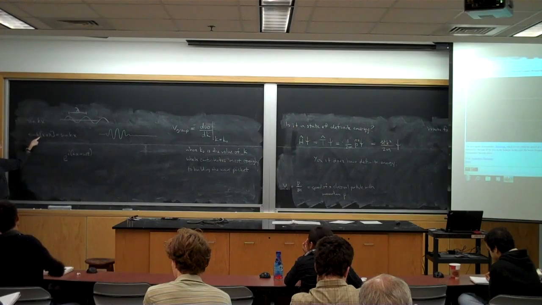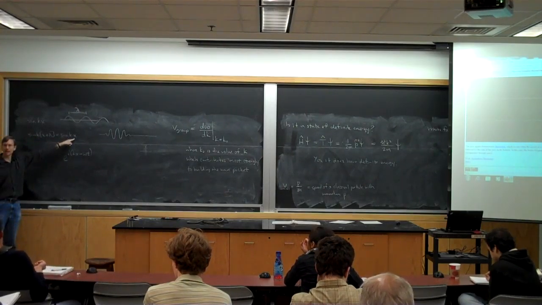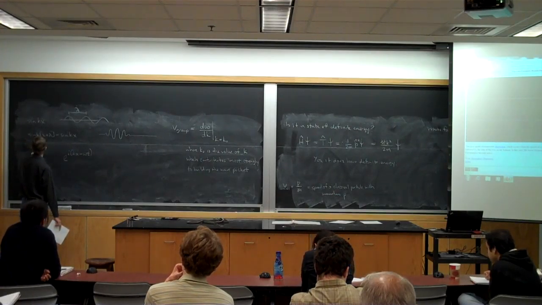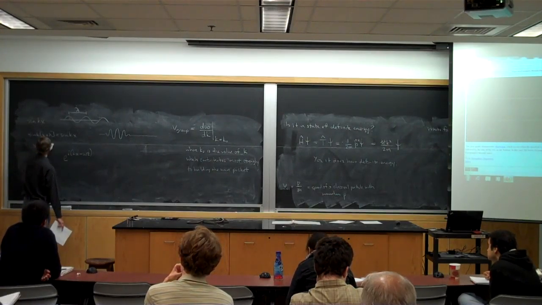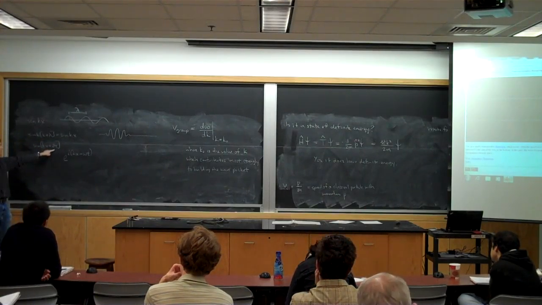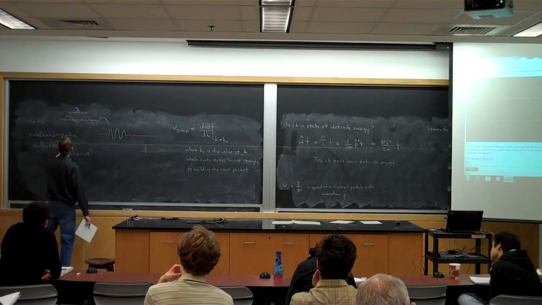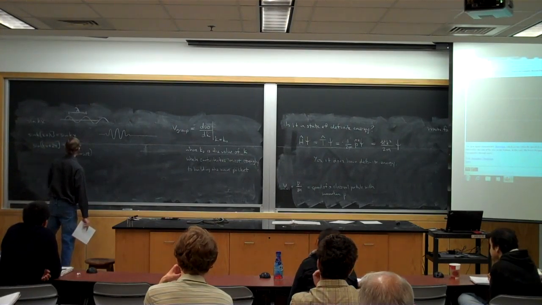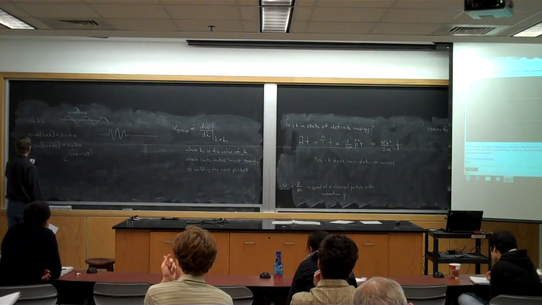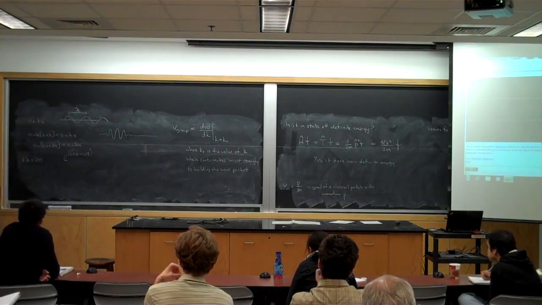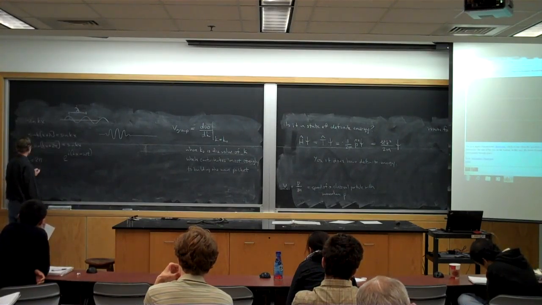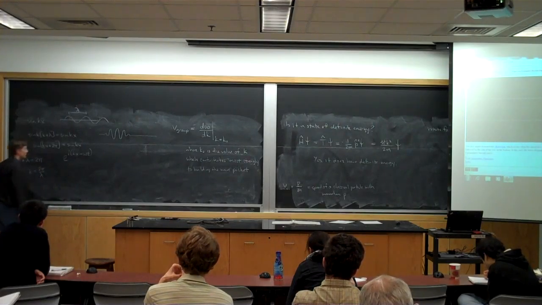If I've gone through one wavelength, I've gone through 2 pi of phase, and the sine of kx plus 2 pi is also certainly the sine of kx. So we say, okay, then k lambda has to equal 2 pi when I've gone through one wavelength, and therefore k is 2 pi over lambda.